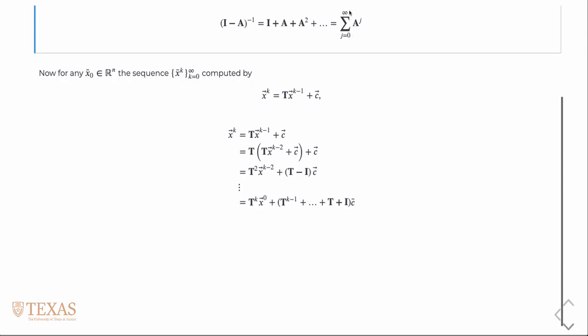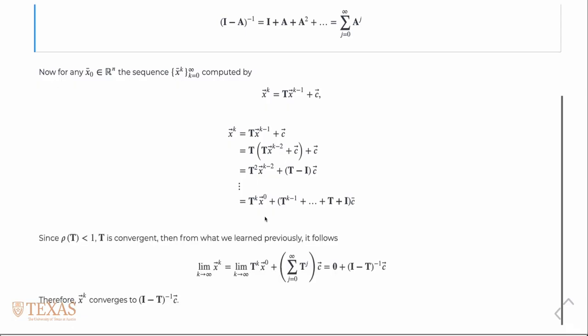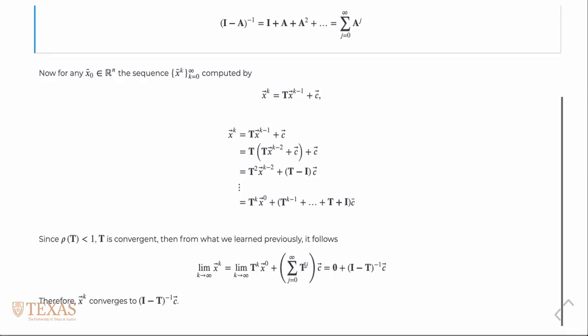Therefore, using this identity above, assuming that the spectral radius of T is less than 1, we know this converges to I minus T, and that's the inverse over there. And therefore, x to the k will converge to the inverse of I minus T, and we know this will exist if the spectral radius of T is less than 1.